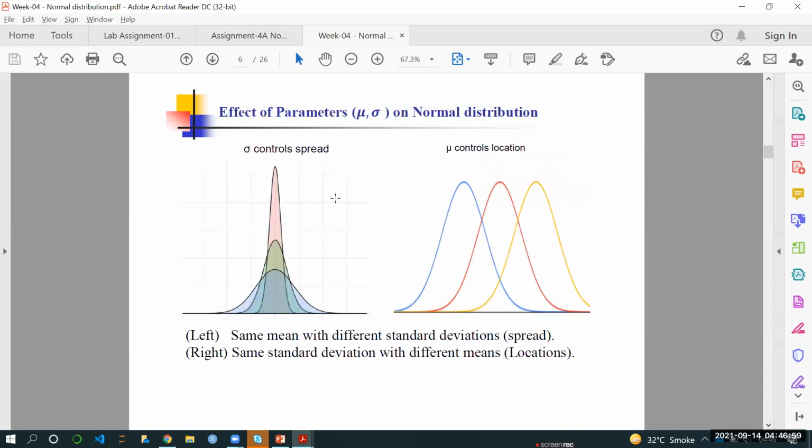If I fix the mean value, suppose the mean is 50, and I change sigma square: when sigma square is small, we have a platykurtic curve.